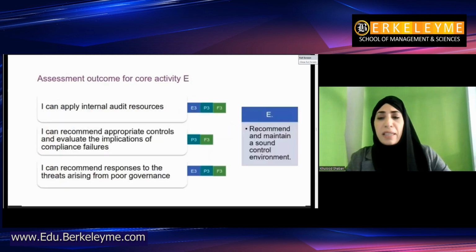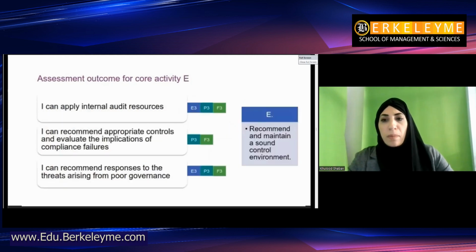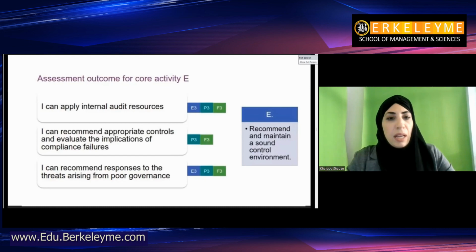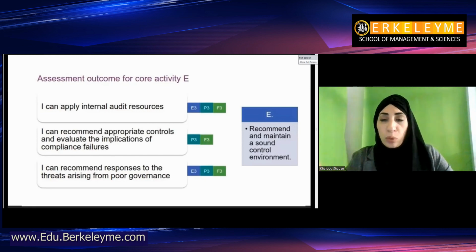And the fifth and last activity is to recommend and maintain a sound control environment. So you have to be able to apply the resources, internal audit resources. You have to recommend controls, of course, in terms of compliance and the implications. Recommend responses to threats arising from poor governance.